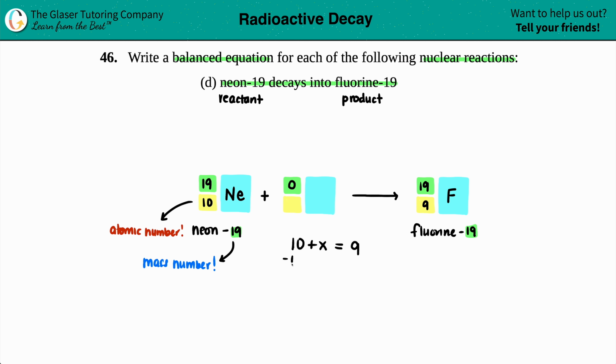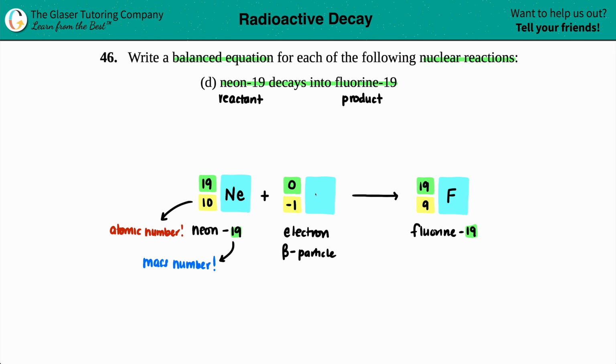And then just subtract over the 10. X equals a negative 1. But now the question is, who is this? Well, a 0 and a negative 1 is always an electron, which is the same thing as a beta particle.